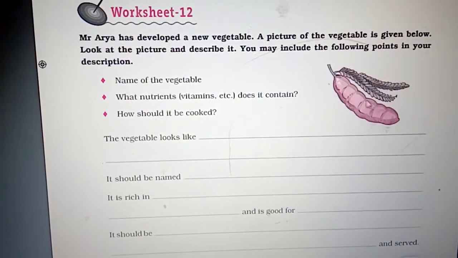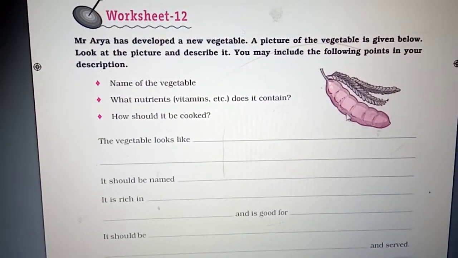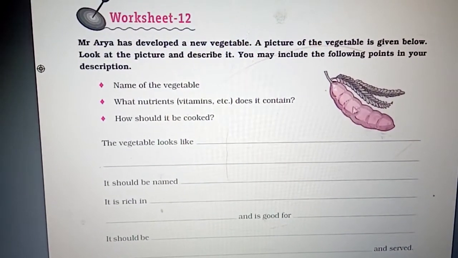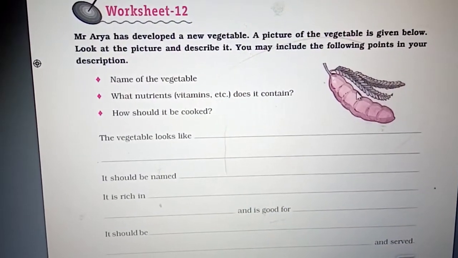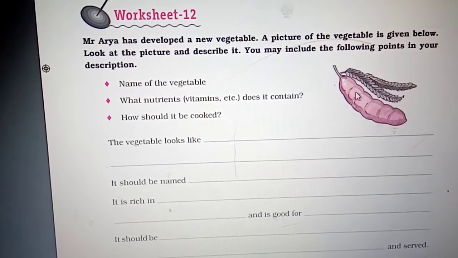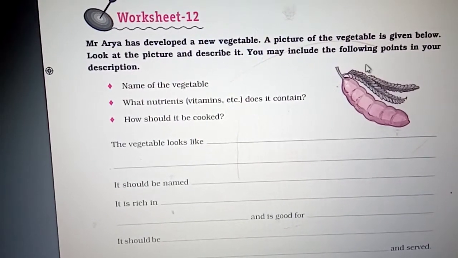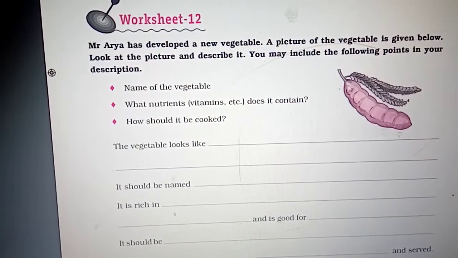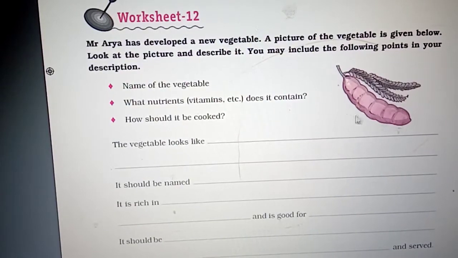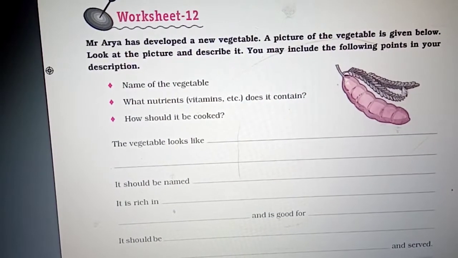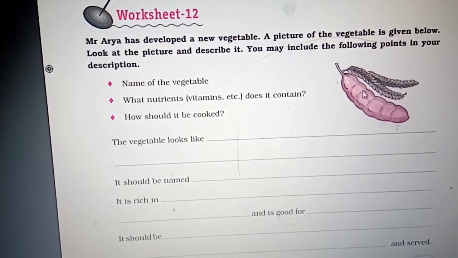This is the image of the picture, and you have to guess its name. This is a kind of vegetable.